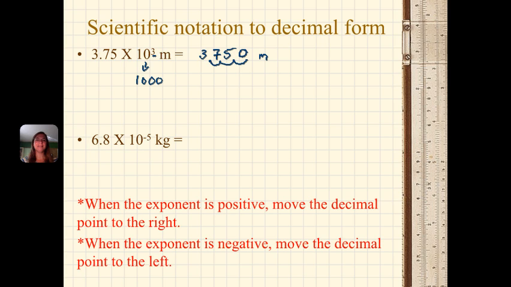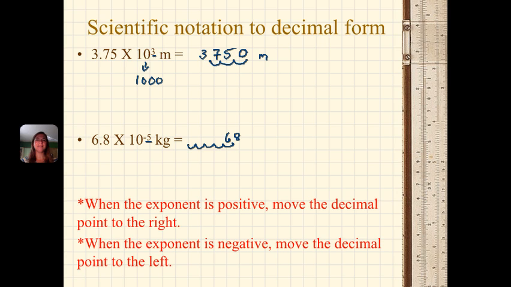Oppositely, if my exponent is negative, I need to move my decimal point the same number of positions, but to the left. Let's rewrite my number, 68, and start from my original decimal point position and move it 5 positions to the left. 1, 2, 3, 4, 5.